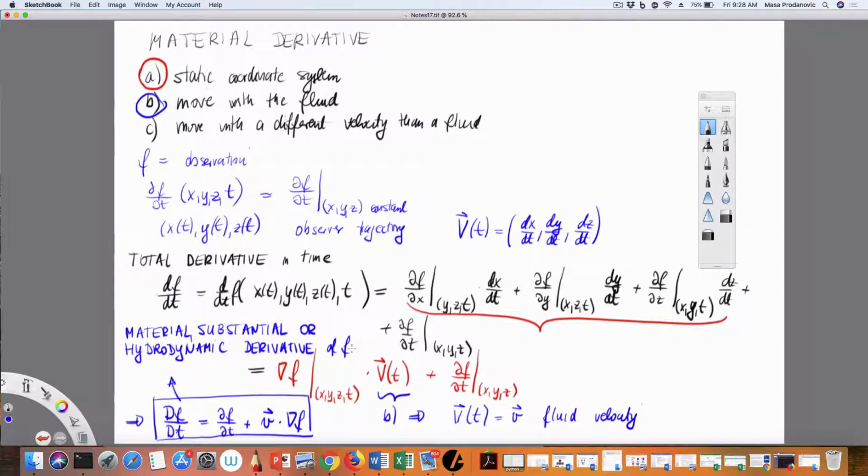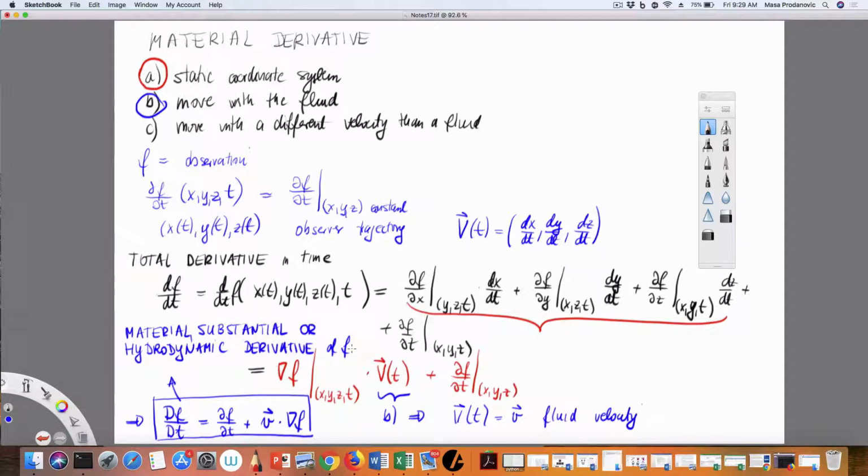Are you successfully dealing with my beautiful handwriting? What was the capital D again? This is the material, substantial, or hydrodynamic derivative of f, capital D f dt. So it's this special case of the total derivative in time where the trajectory that I'm taking the total derivative along is moving with the fluid. Normally I would just have dx dt, dy dt, dz dt for that trajectory, whatever it might be.